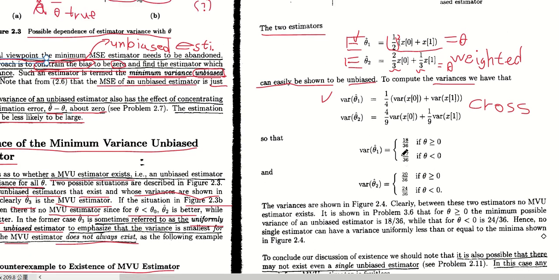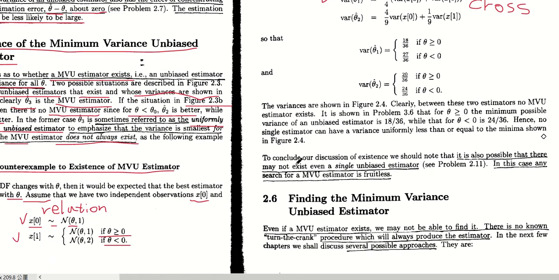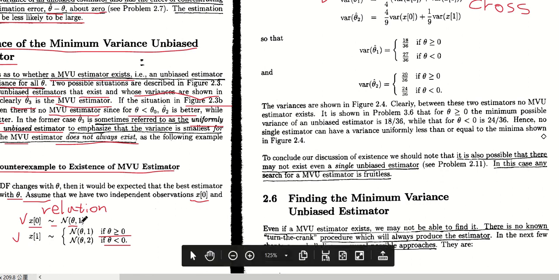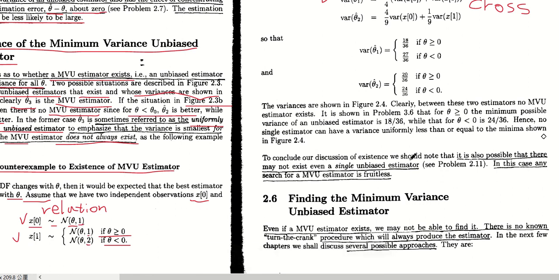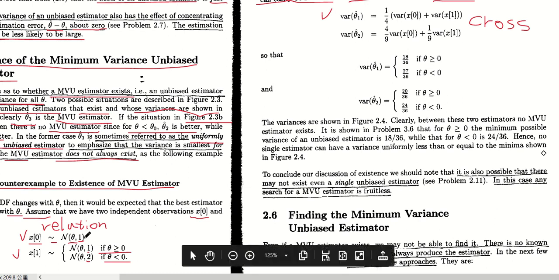The variance is already given as 1, 1, and 2. So if theta is larger than 0, then it's 1 and 1.